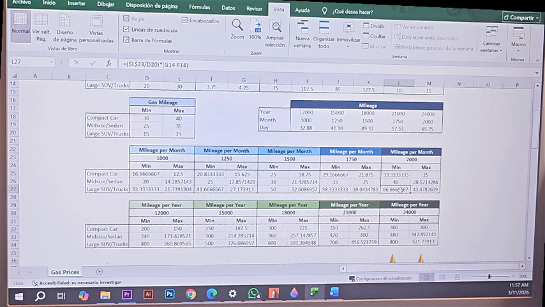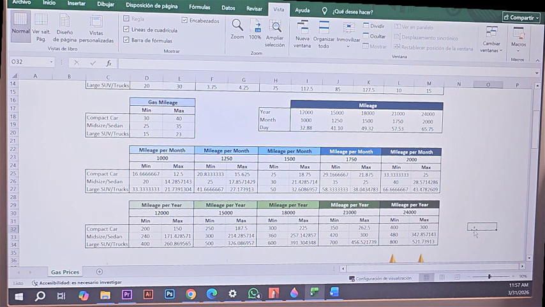So in this case, it pays to actually have less gas mileage if you're going to be saving on gas, because you're going to be going more times and you're going to be needing more gas in order to fill up the tank, even though you're driving the same distance as the compact car, mid-size sedan, and large SUV.